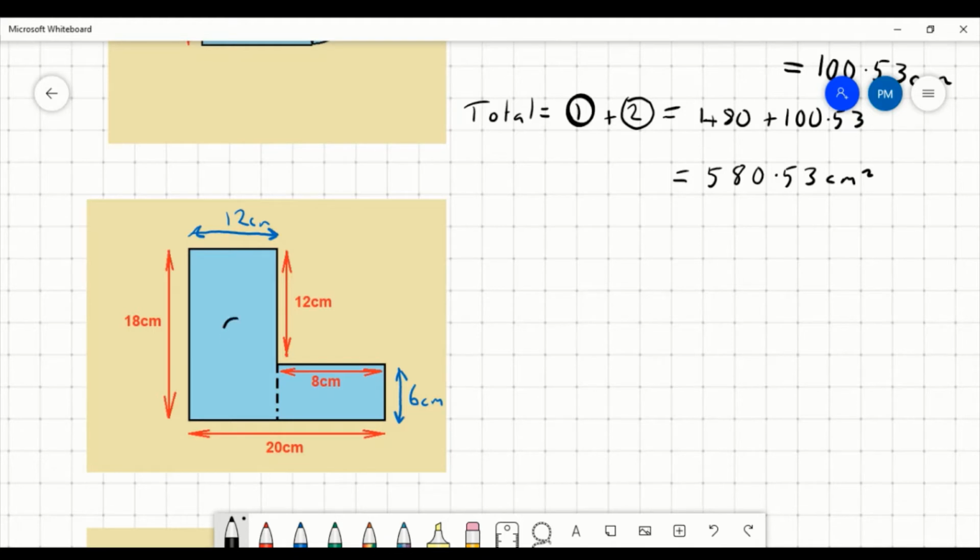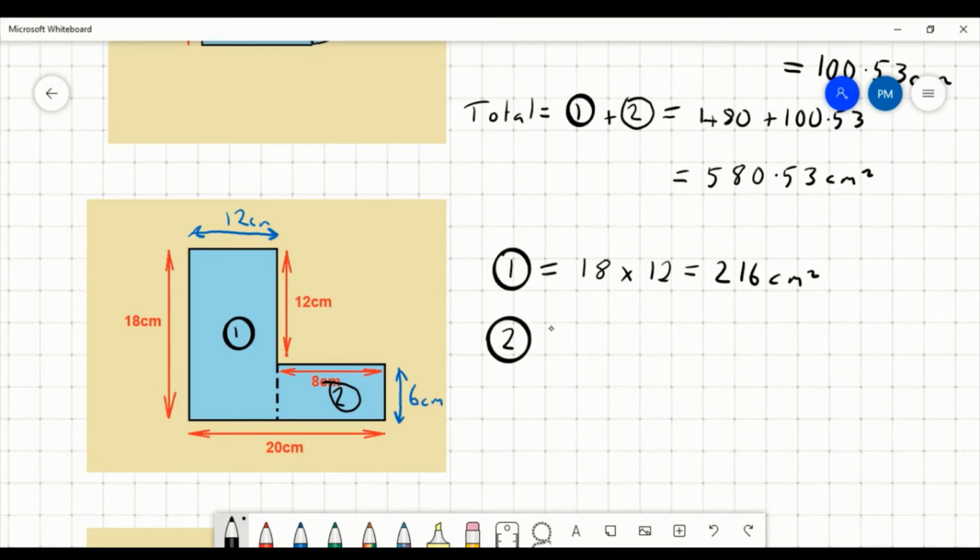So let's find the area of 1 and the area of 2. 1 is going to be 18 by 12, which equals 216. So that's 216 centimeters squared. Our next one, area 2, is going to be 6 multiplied by 8.